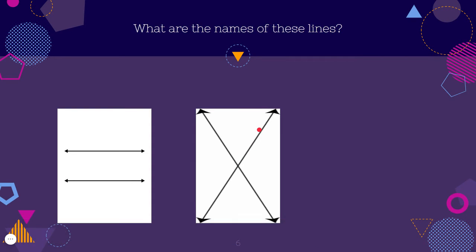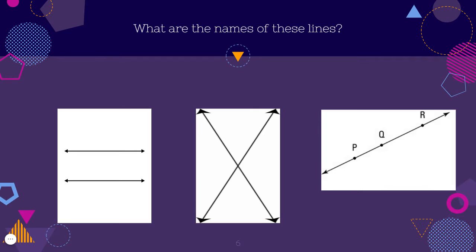And now let us see the third and the final type of line. You can pause this video now to try to guess what are the names of these lines. Let's come back and now we will see what are the names.